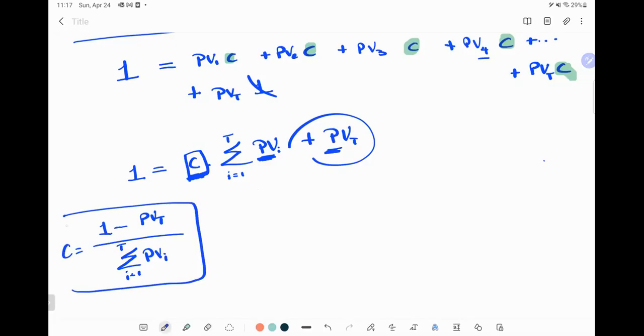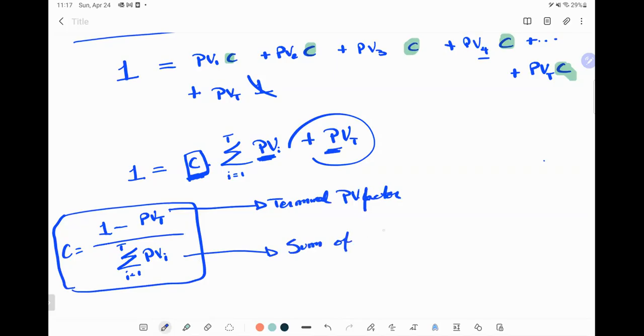And there we go. So that is the formula we will use, and this is the terminal present value factor, and then this is the sum of all present value factors.